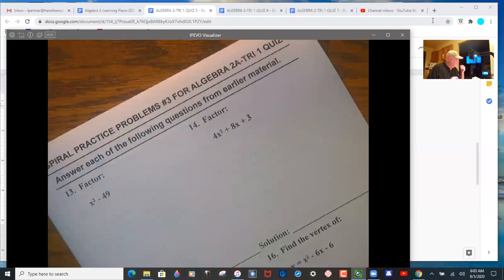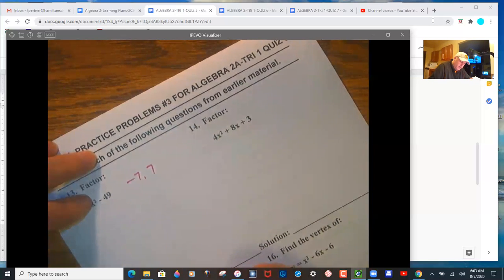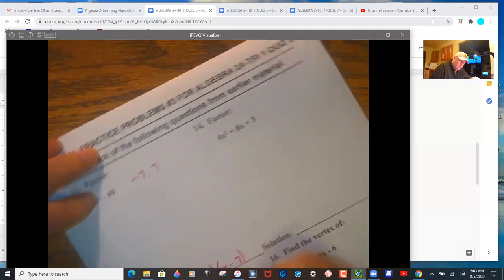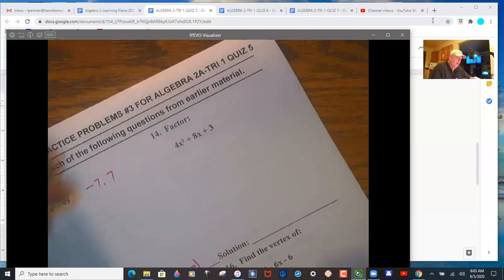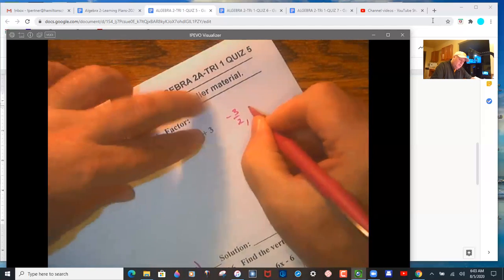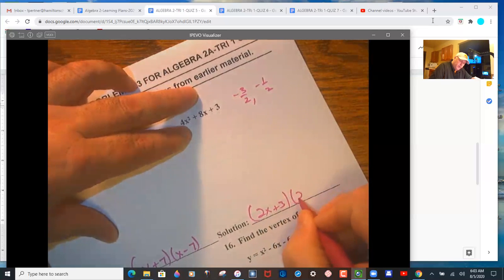All right, so factoring. Quickly, negative 7 and 7 are the roots. So we have x plus 7 times x minus 7. And there's no common factor. Negative 3/2, negative 1/2 here. So 2x plus 3, 2x plus 1.